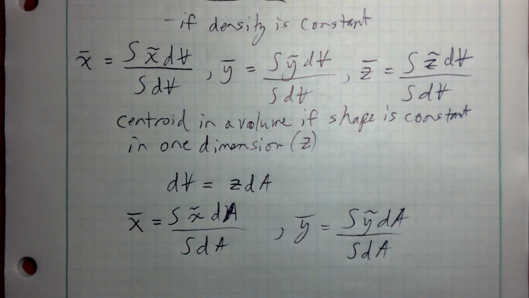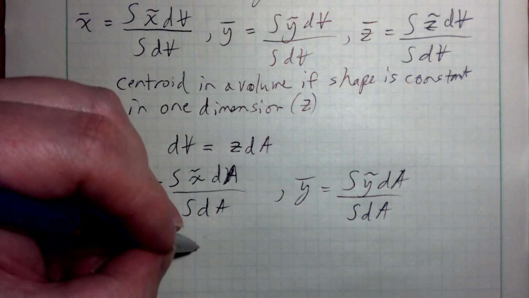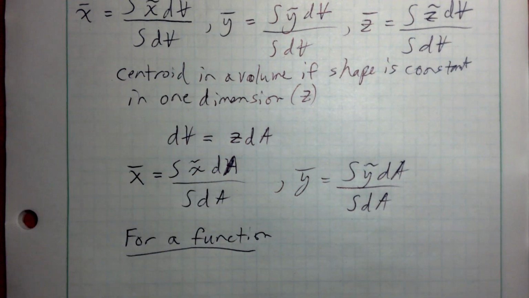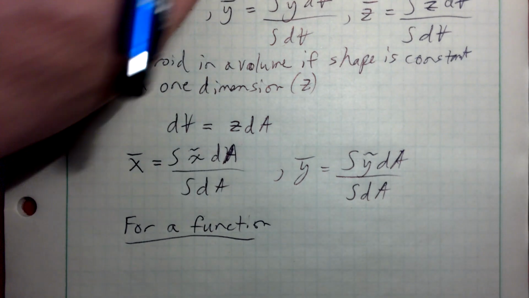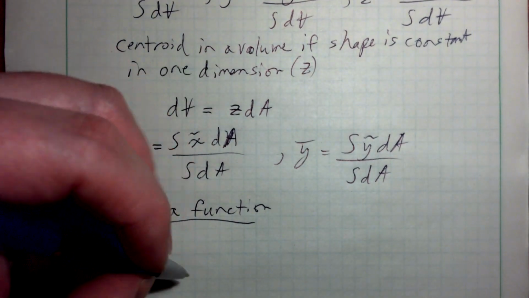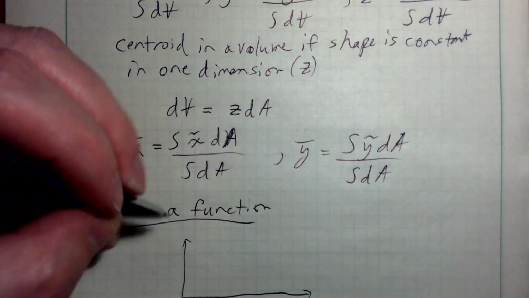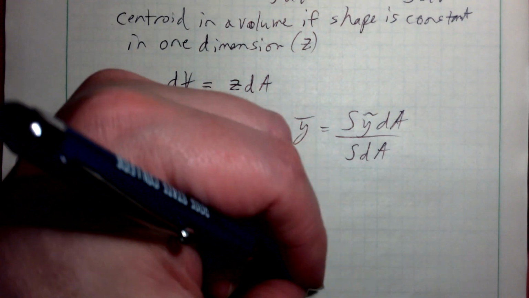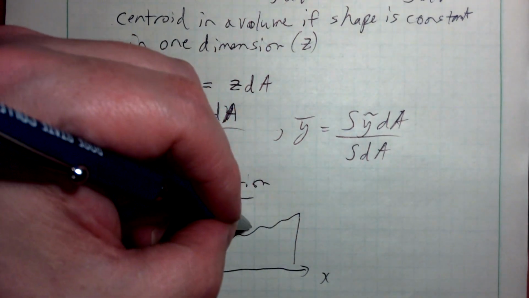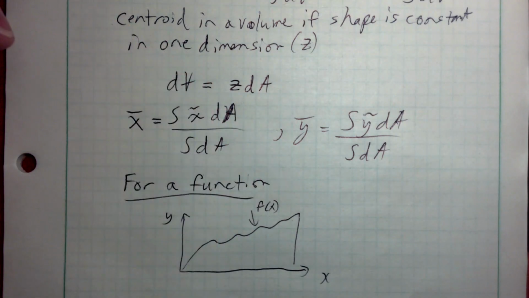Okay, and so what does this mean? Well, this means for a function. If I want to find the centroid of something I can describe as a function, so let's just look at x, y, and I've got some curve that I can describe as some function of x.